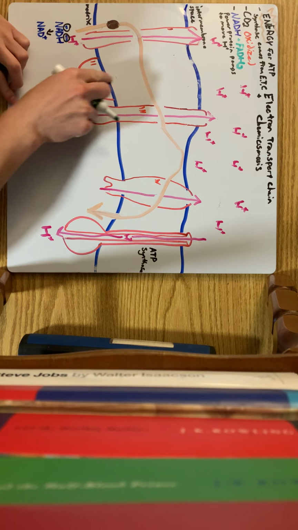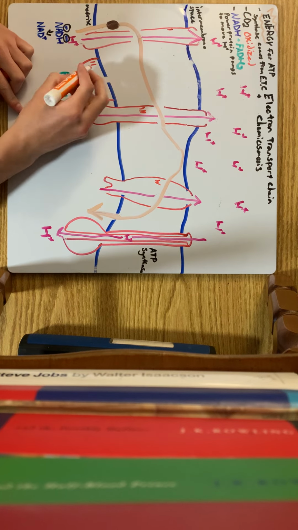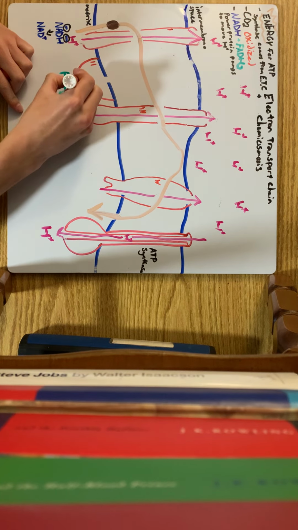And also, the 2 electrons from FADH are brought into there, also by an electron carrier. I'll draw one further down the line. And that also takes these 2 electrons here.